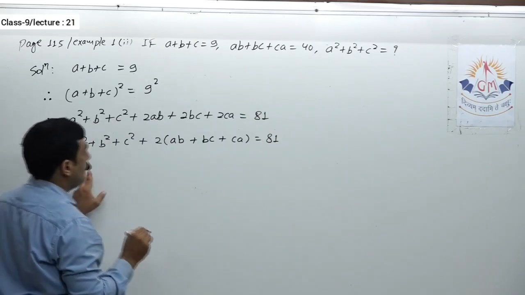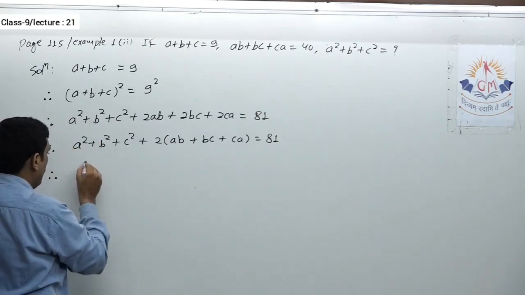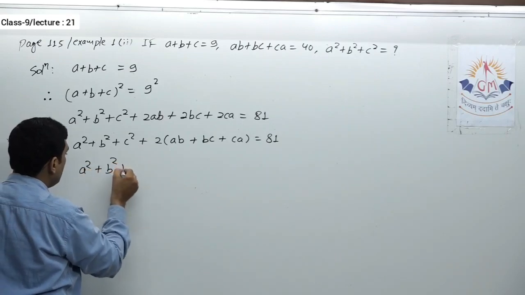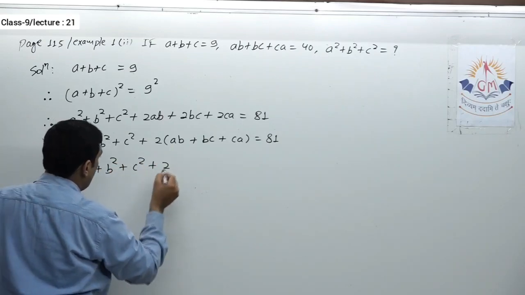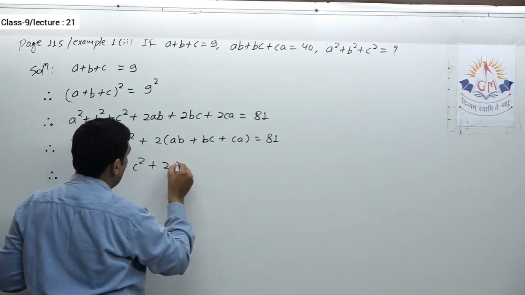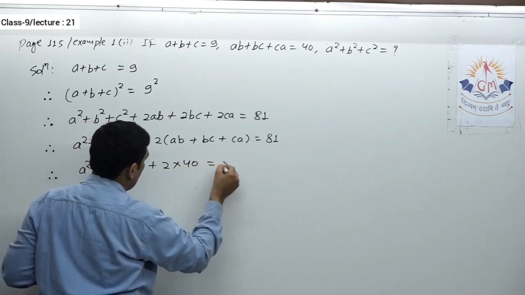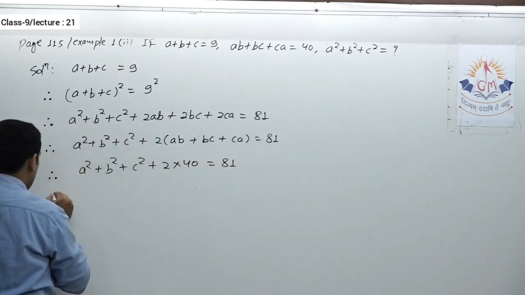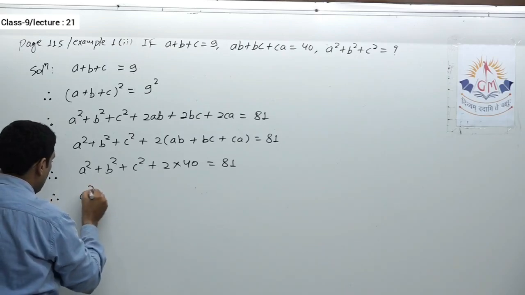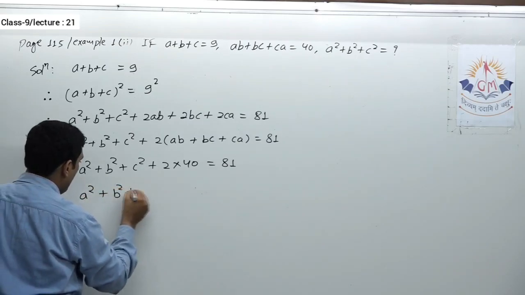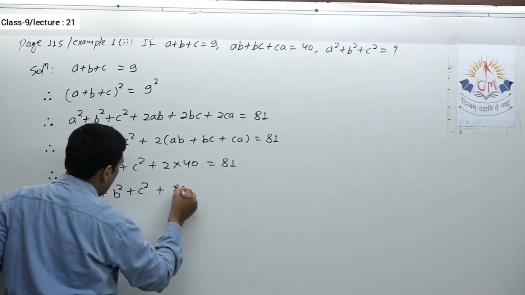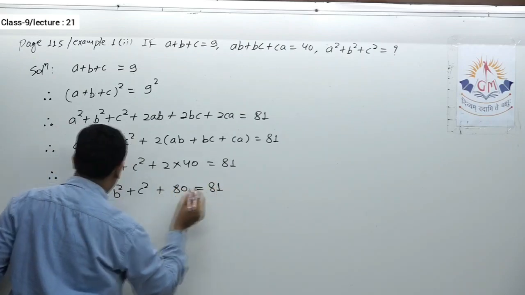Now a² + b² + c², that I have to obtain, so I will keep it as it is. Twice of (ab + bc + ca), that is 40, is equal to 81. So this will become a² + b² + c² + 80 is equal to 81.